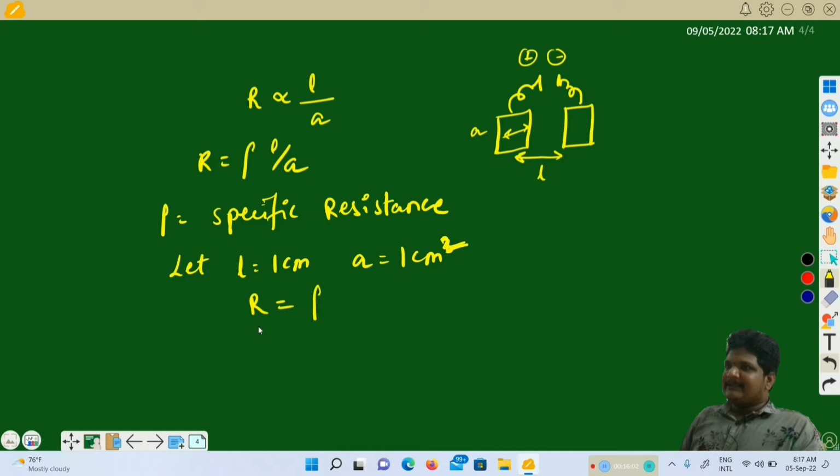It means the resistance offered by a specimen of 1 centimeter cube conductor.